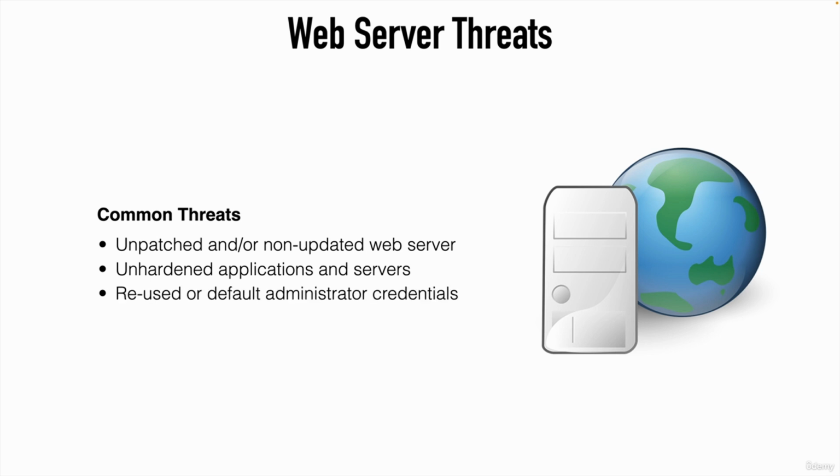Another common one is using the same administrator credentials in numerous places, or leaving default credentials in place. This is definitely low-hanging fruit from an attacker's perspective that can be taken advantage of through various password tools. And allowing unrestricted internal and outbound traffic is an oversight as well.